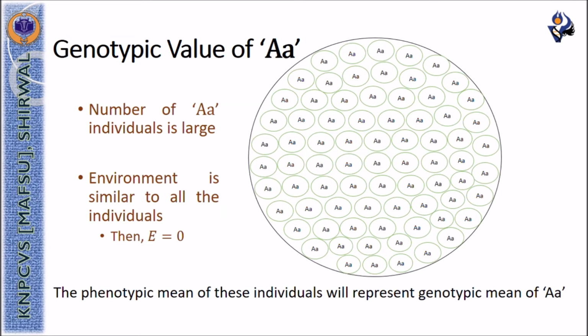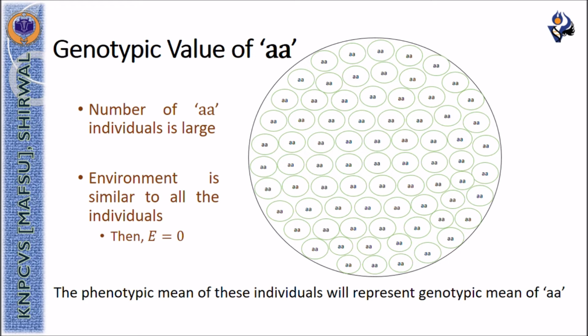Here, in this same uniform environment, we are measuring the phenotypic value of all the heterozygous individuals, and the mean of this phenotypic value will represent the genotypic mean of the heterozygous genotype.